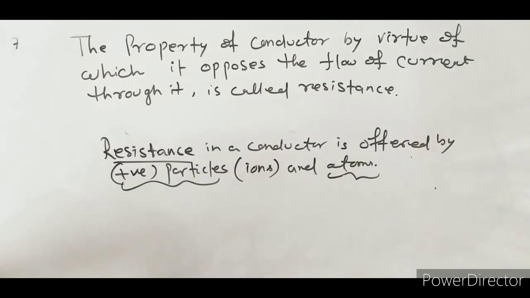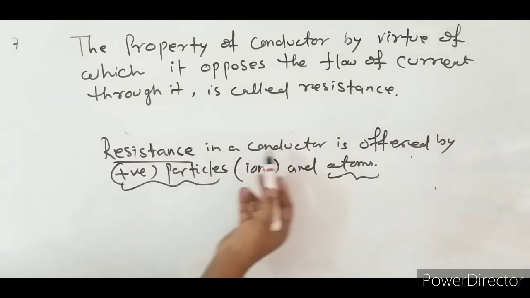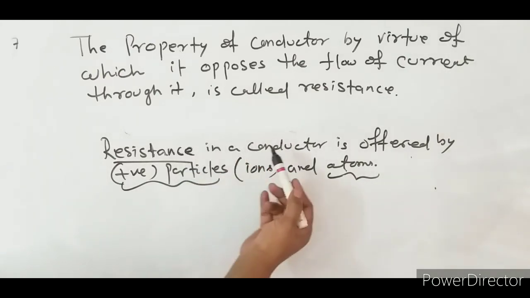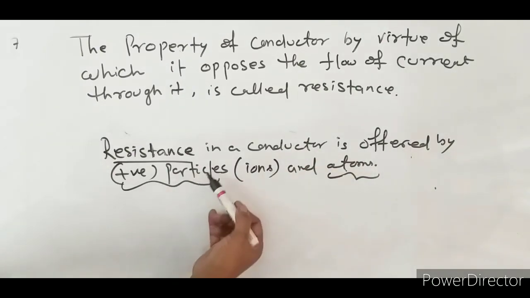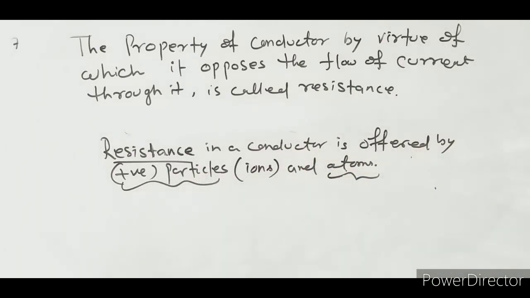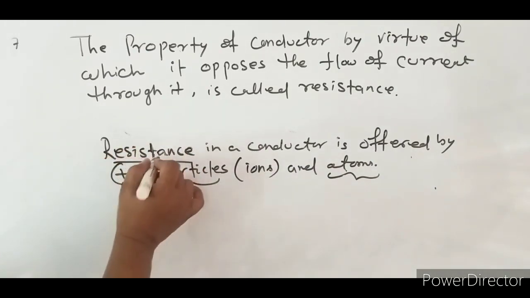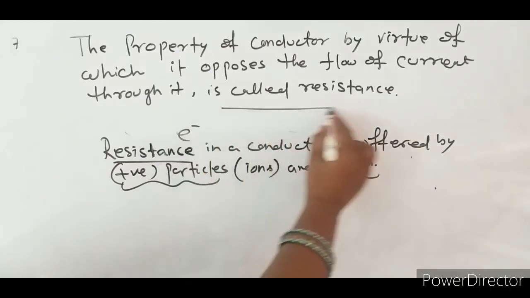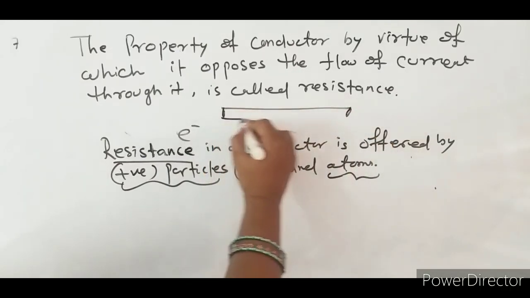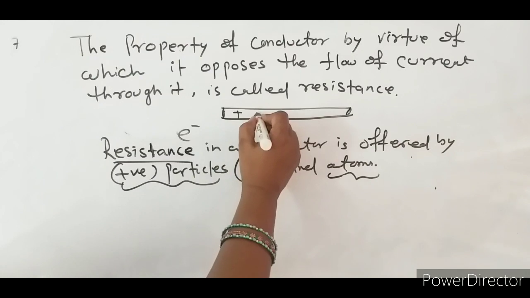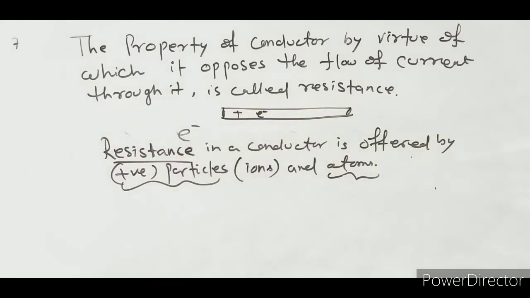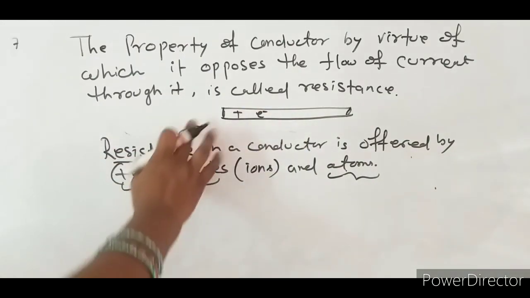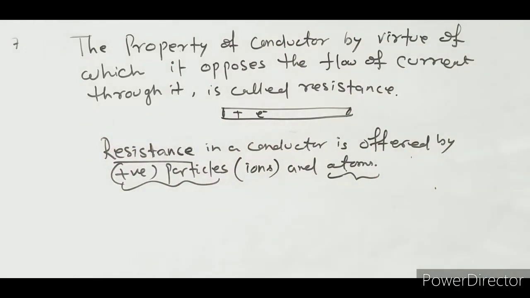Resistance in a conductor is offered by positive charge particles and the atoms themselves. When electrons are flowing in a conductor, they collide with these positive charge particles, so in the direction they are moving, they cannot move freely.